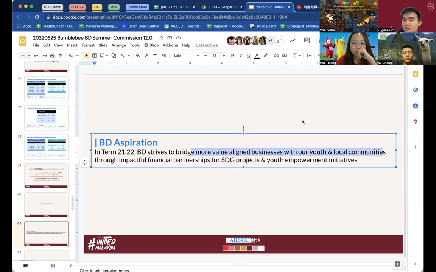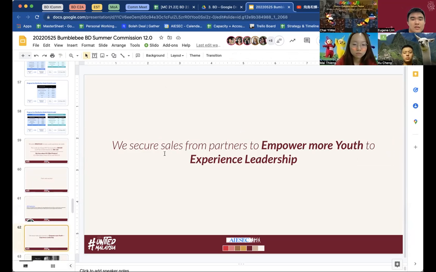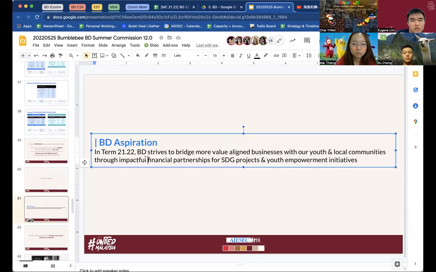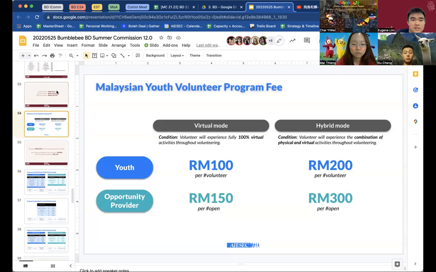You find people who are value-aligned with you, and who really value your local communities, through impactful financial partnerships for SDG projects and youth empowerment initiatives. And why specifically financial partnerships? Because we secure all these sales from partners to empower more youth to experience leadership.